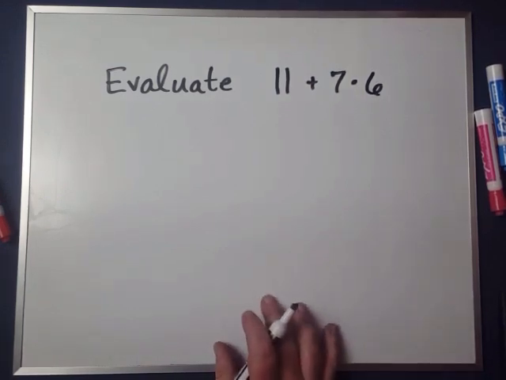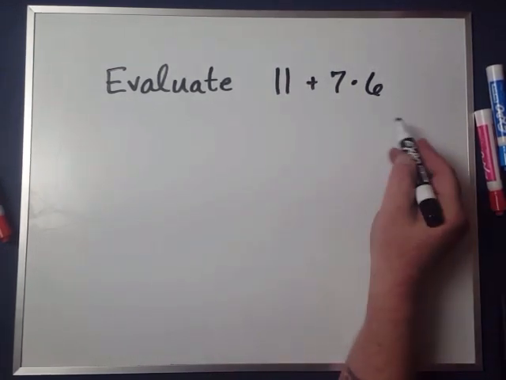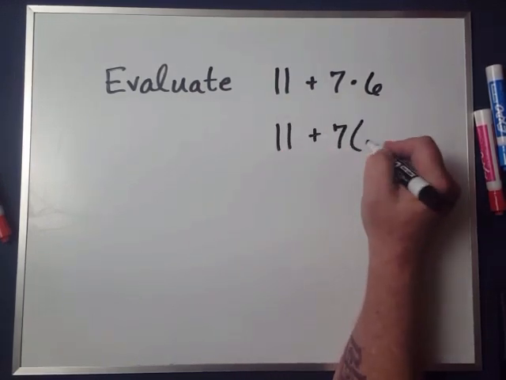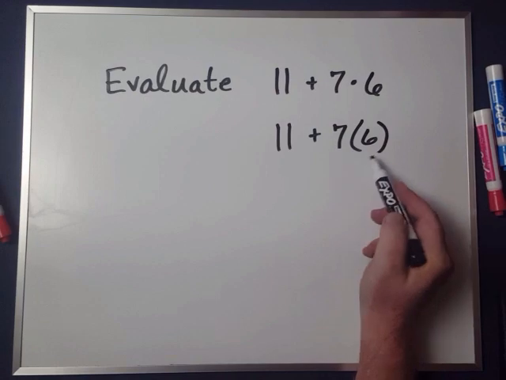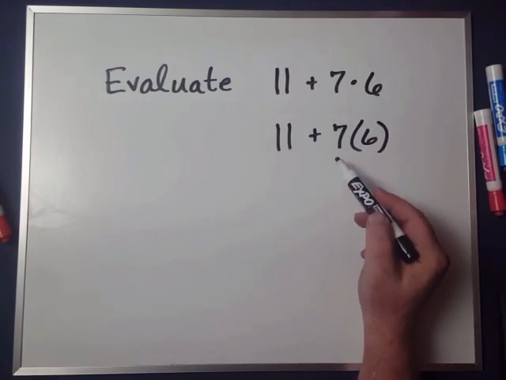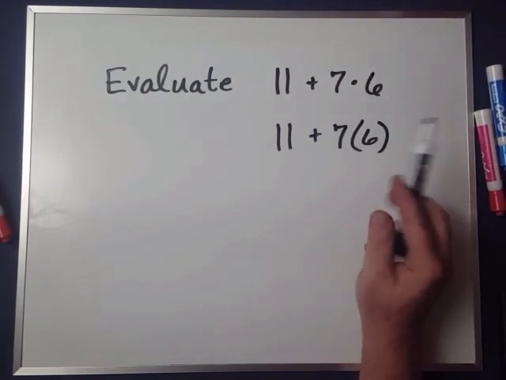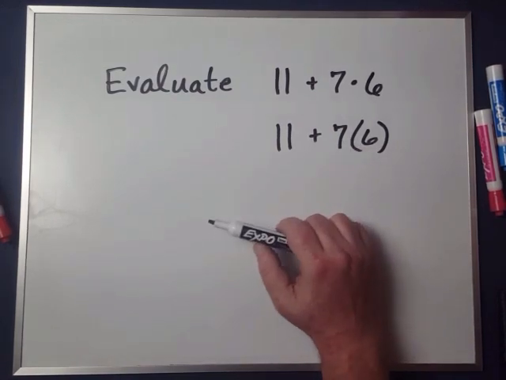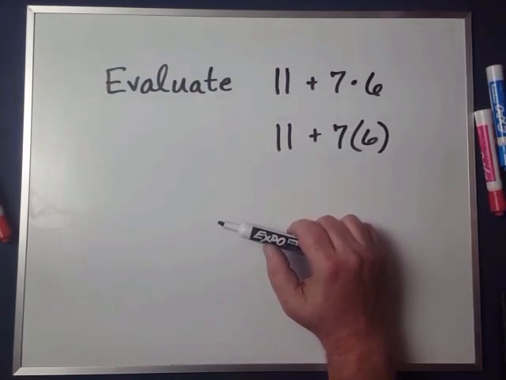Let me take a moment here simply to remind you that I could write this just as easily as 11 plus 7(6). Because in algebra, if we have two expressions side by side with no operative symbol between them, we understand that the operation is multiplication.